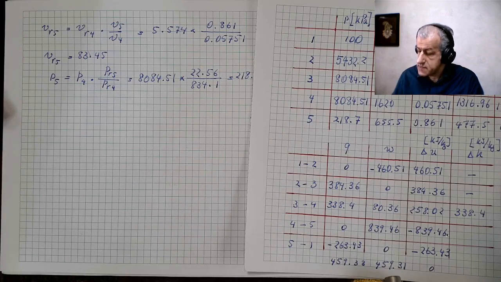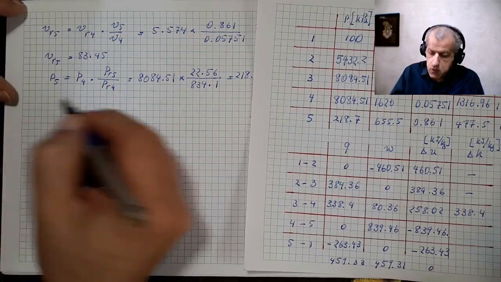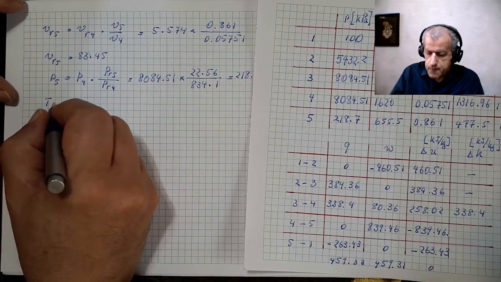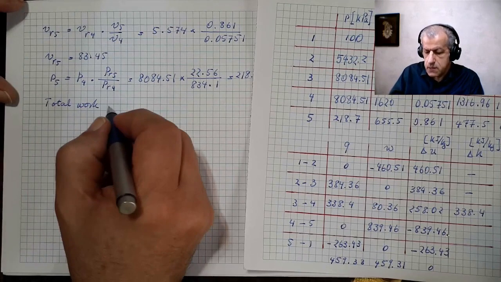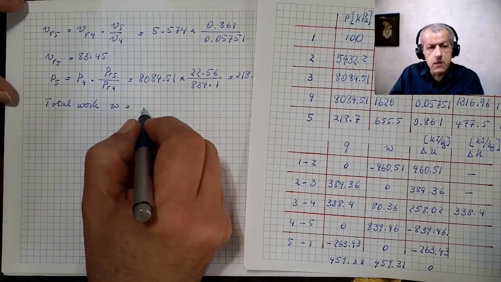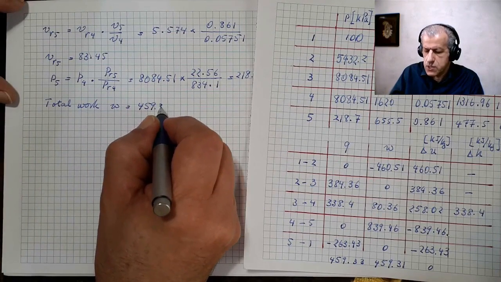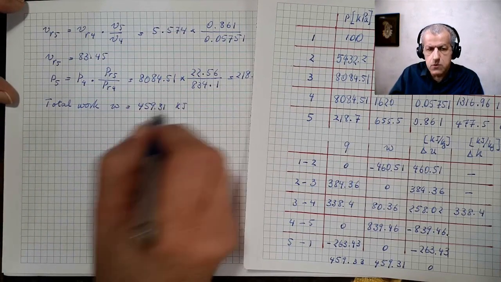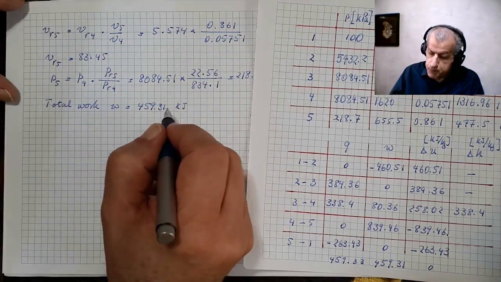The sum is 459.31. So the total work, let's call it just W, equals 459.31 kilojoules, of course, per kilogram.